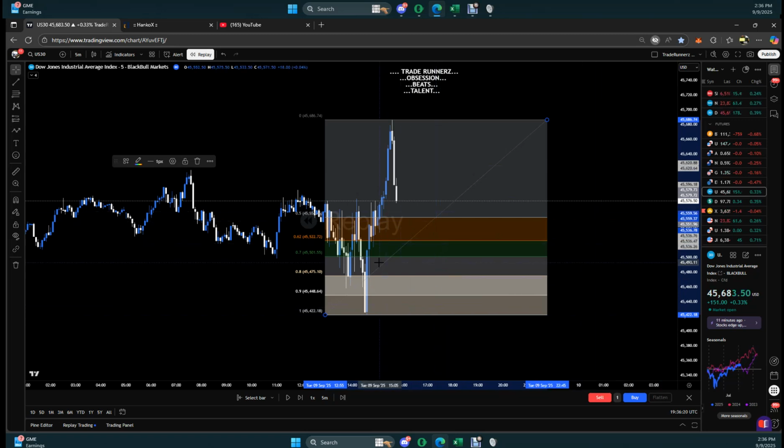So here are your fib levels. Here's the 50%. Here's the 62%, which I have as my hot zone, my golden zone. Here's the 70%. Here's the 80. These are what you call deep pullbacks. 80 and 90%, more like 0.88.